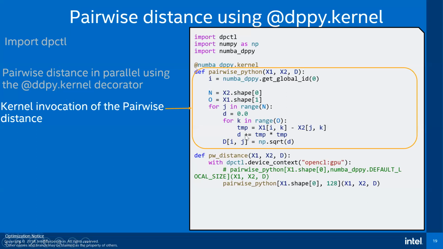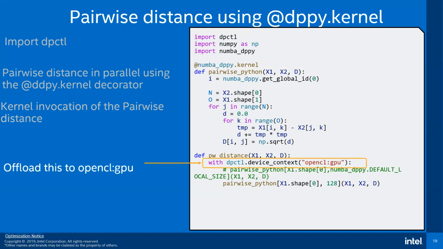And we are computing the pairwise distance in here. And we are actually offloading this to the device. So including this in the decorator and calling it using the device context of the Dpctl layer, we are invoking this pairwise calculation so that this can happen in parallel on the device. So this is an example using the pairwise algorithm.